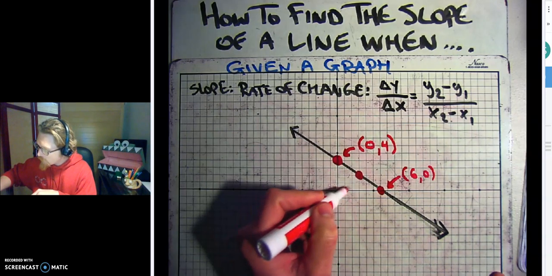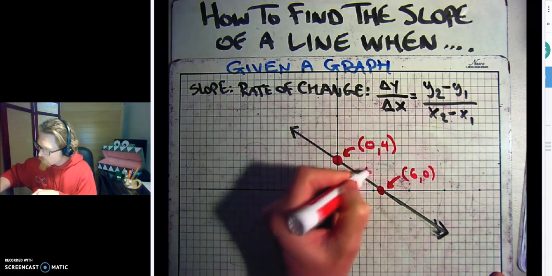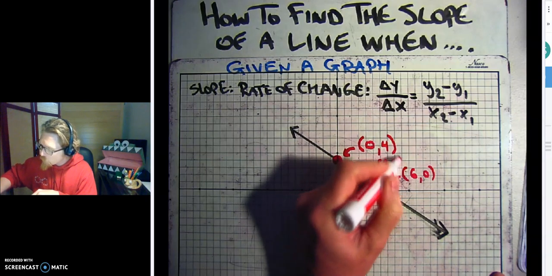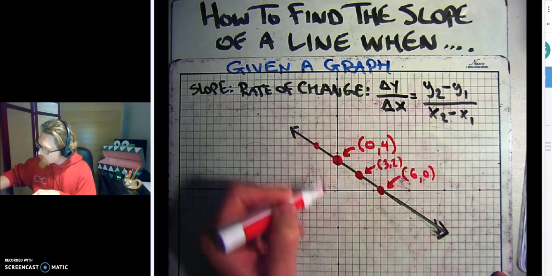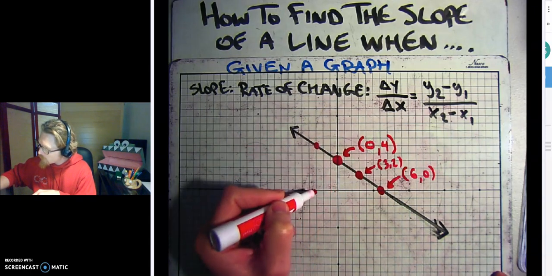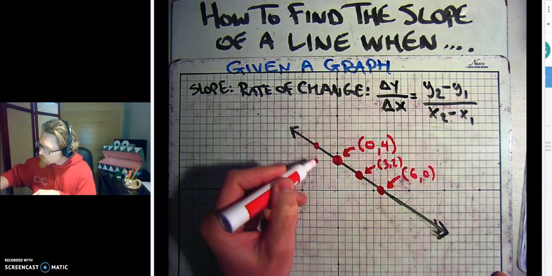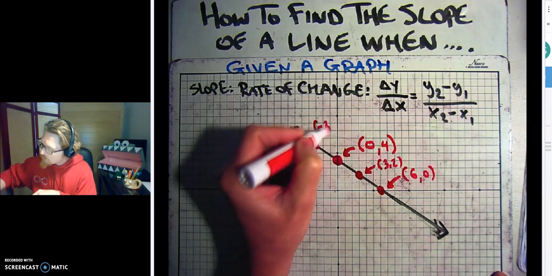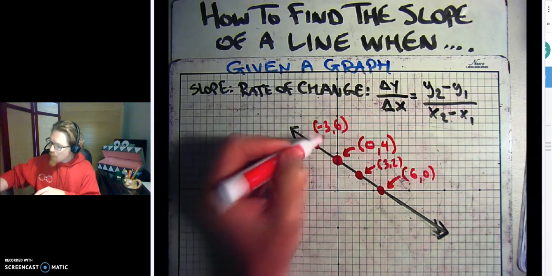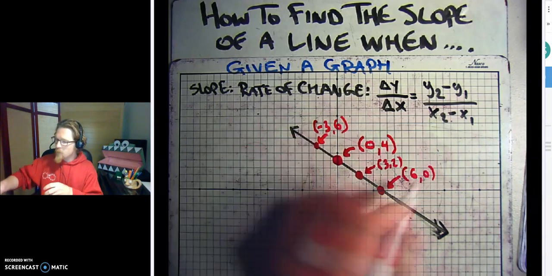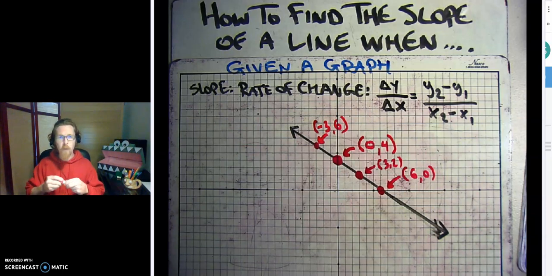This has an x value of 3 and a y value of 2, so (3, 2). And there are other points that this line crosses, like right here: (-3, 6). So these are all points that are on this line, and all of these can be used in my slope formula.